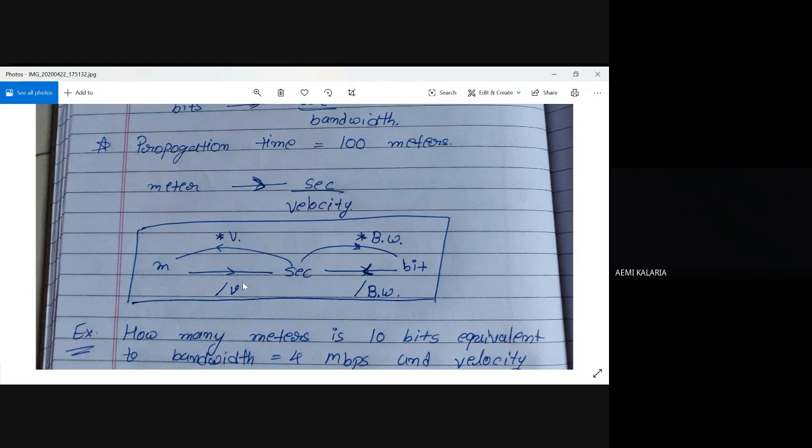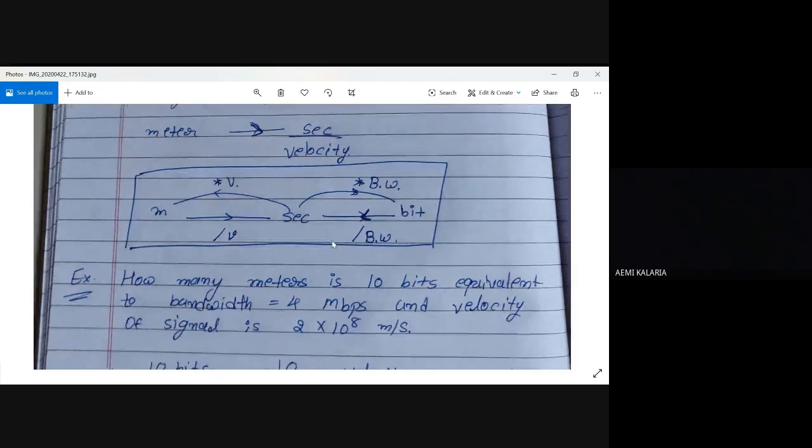If I divide meters by velocity, then it will give me seconds. Next, if I want to convert bits to seconds, I have to divide by bandwidth. Then it will give me seconds, right? Reverse: if I want to convert seconds into bits, then simply I have to multiply with bandwidth. And reverse: if I want to convert seconds to meters, then I have to multiply with velocity.